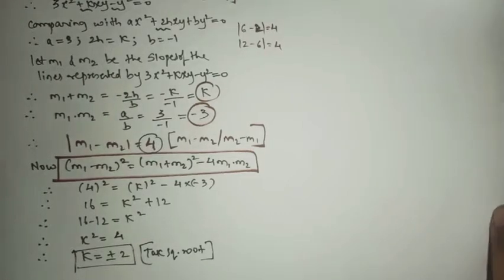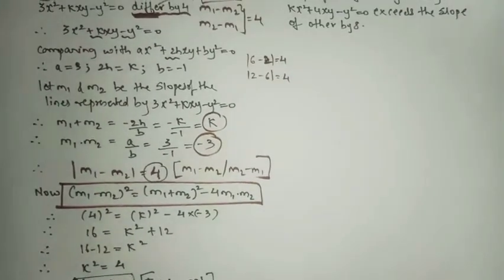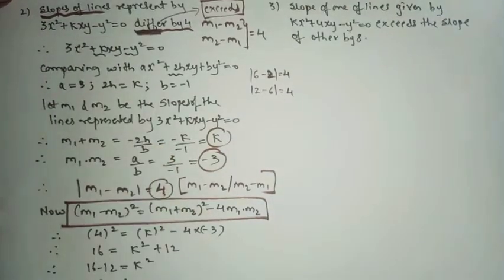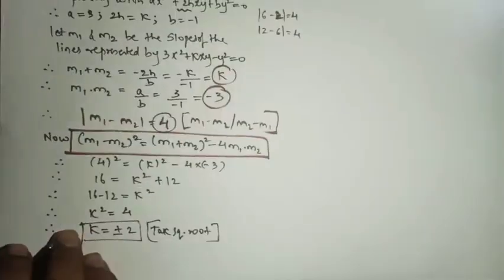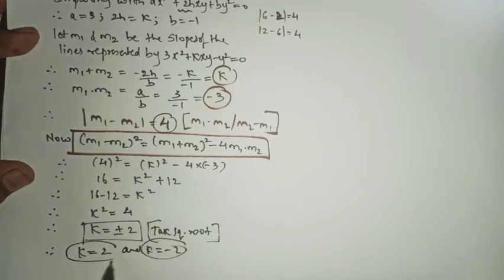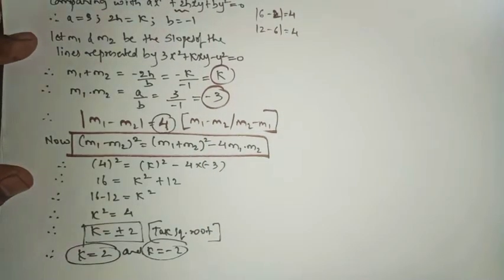For this sum, both values of k satisfy the condition. So k equals 2 and k equals minus 2, as both answers satisfy the given condition.